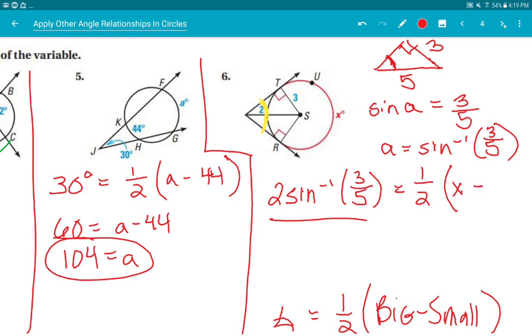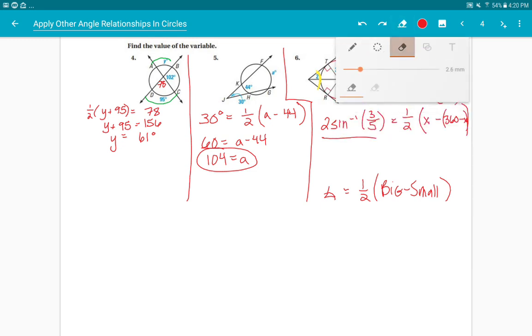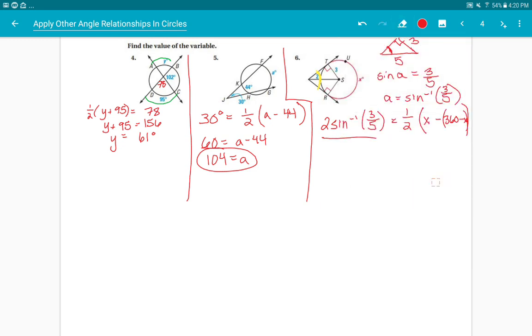What's the smaller arc here? The smaller arc is actually 360 minus x. The reason is that we know the entire circle is 360 degrees. So now we have our setup. Let's zoom out a little bit. We have our setup so we can start the process of actually solving the equation that we have.